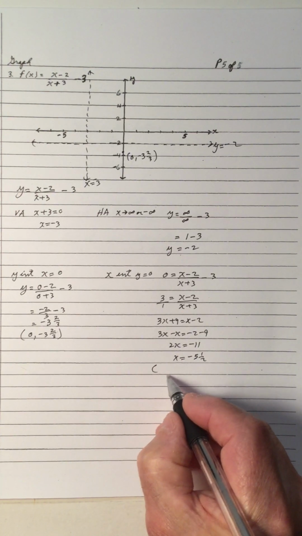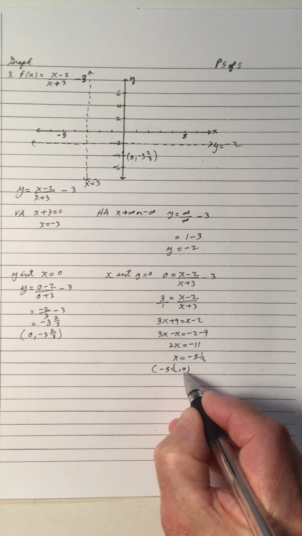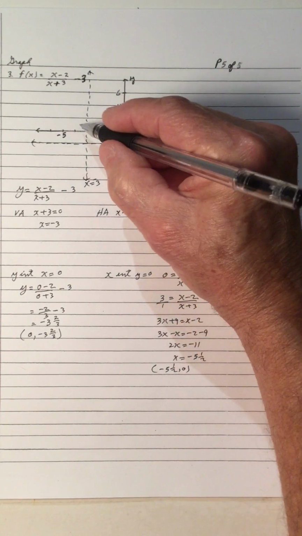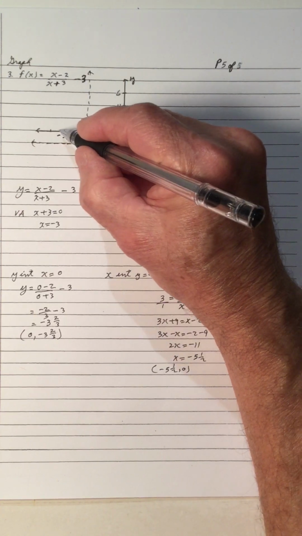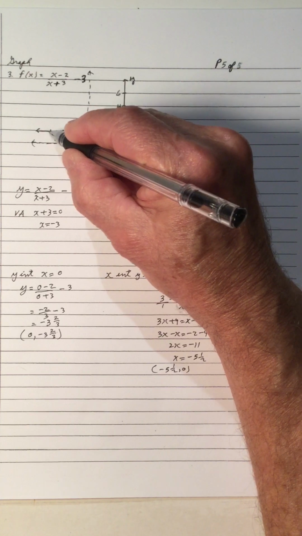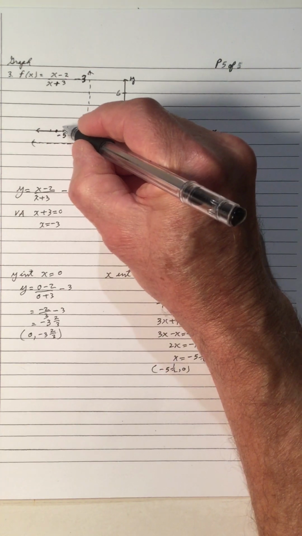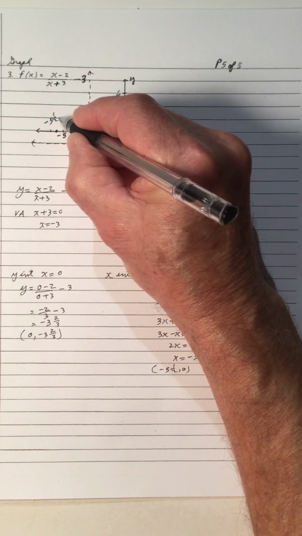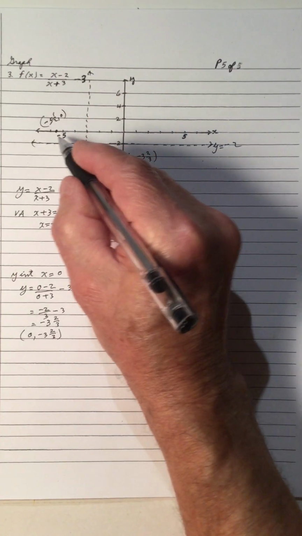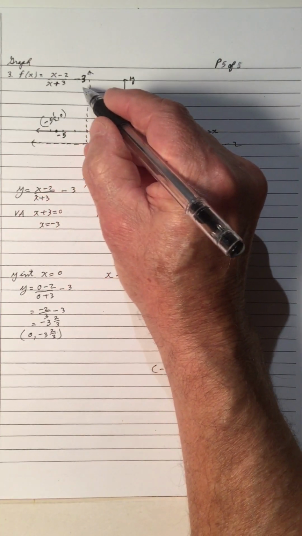So x is negative 5.5 when y is 0. So that's negative 6 there, and this point is negative 5.5 comma 0. So it looks like it's going through here, so it can't go this way. It looks like it's up here.